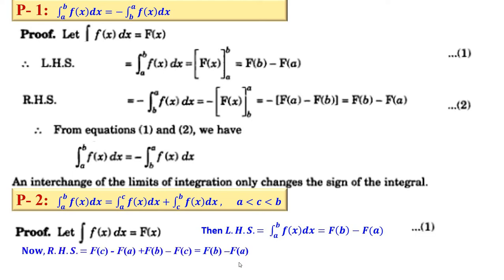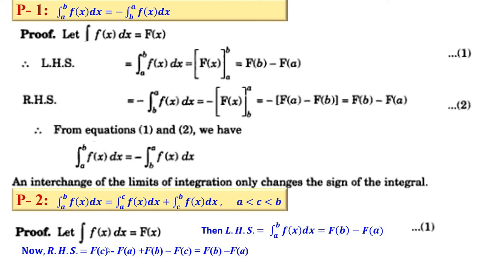Then we will consider the RHS. Because this one is taken as capital F of x, between the limits a and c, upper limit is c, so F of c minus lower limit a, so minus F of a. And in the same way here, F of b, lower limit is c, so minus F of c.